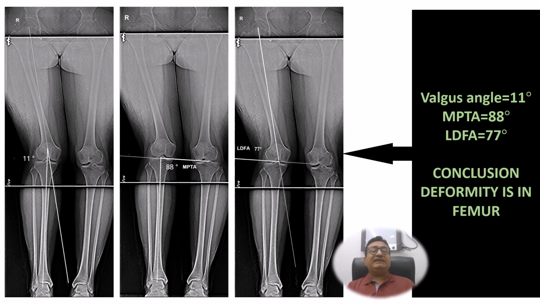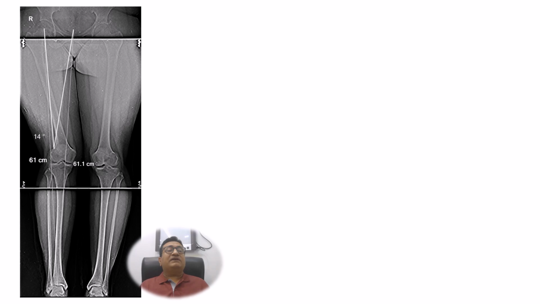So if we are planning a corrective osteotomy, we should plan it in the distal femur, a medial closing wedge distal femoral osteotomy. Now how can we plan how much wedge has to be removed and from where? First of all, we should plan how much angle we have to remove.